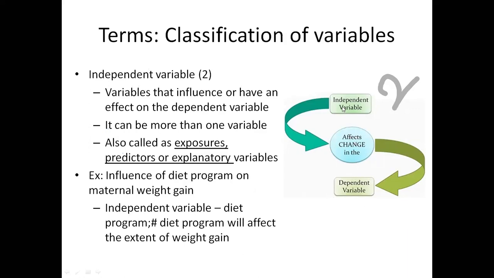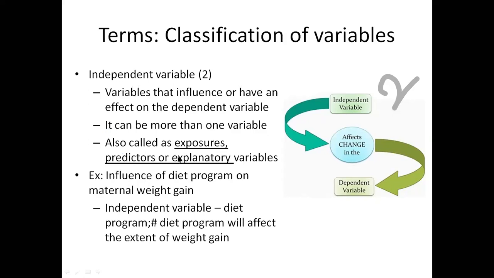So we expect there will be a mechanism through which the diet program would influence the weight gain, right? That variable is called the independent variable, which is expected to have an influence on the dependent variable. It need not be one single variable. There could be multiple independent variables. Those multiple independent variables are otherwise also called exposures if it's an observational study, or they're also called predictors or explanatory variables, right?